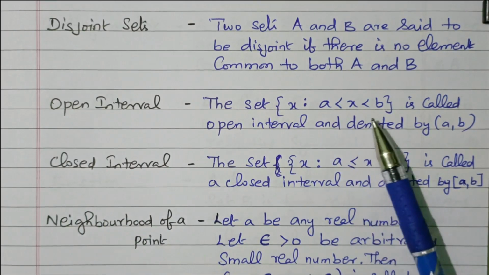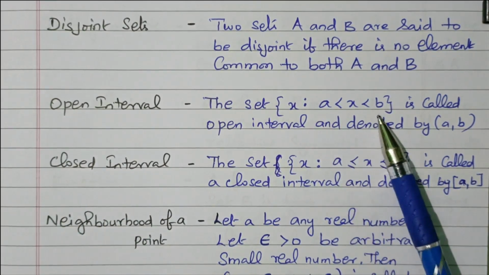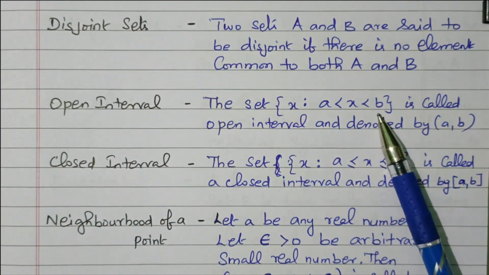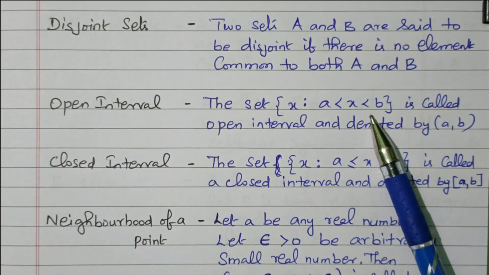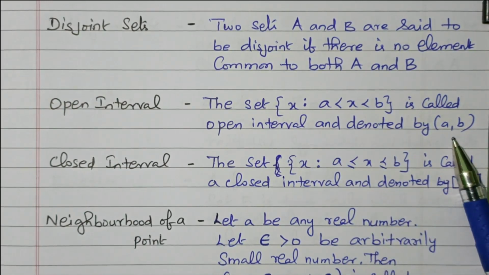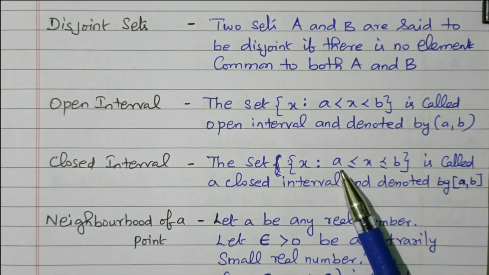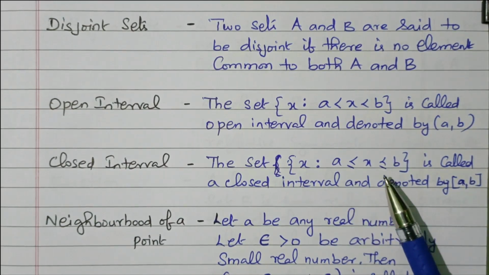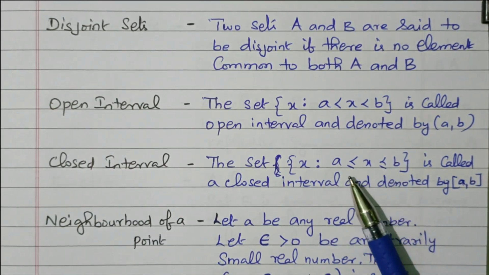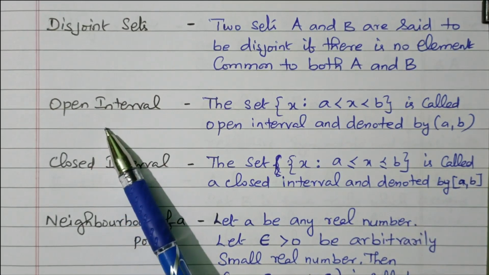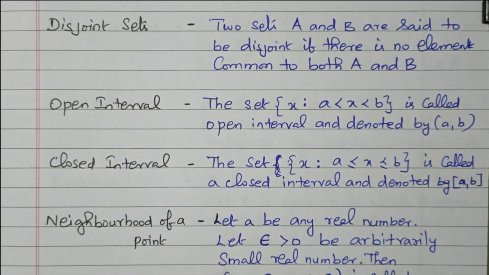But for the open interval, in between a and b, a is not included and b is also not included: greater than a and less than b, denoted by parentheses (a, b). Here a ≤ x ≤ b, with a and b also included, denoted by square brackets [a, b]. That is the difference between an open interval and a closed interval.